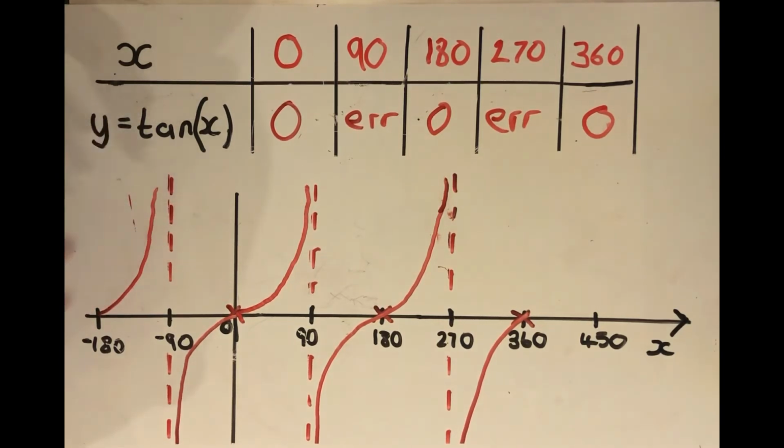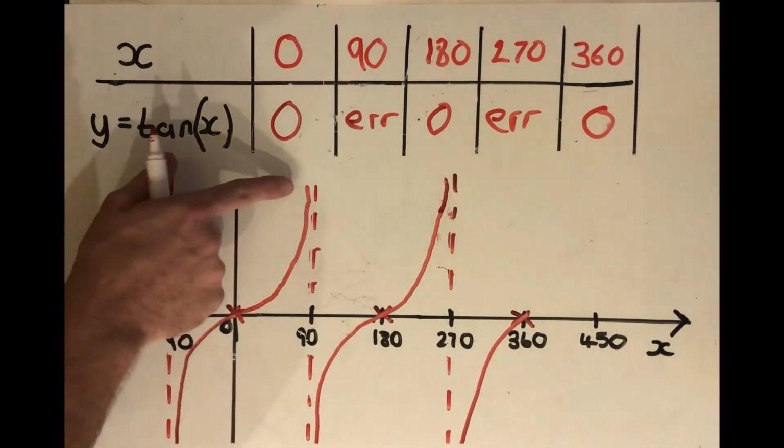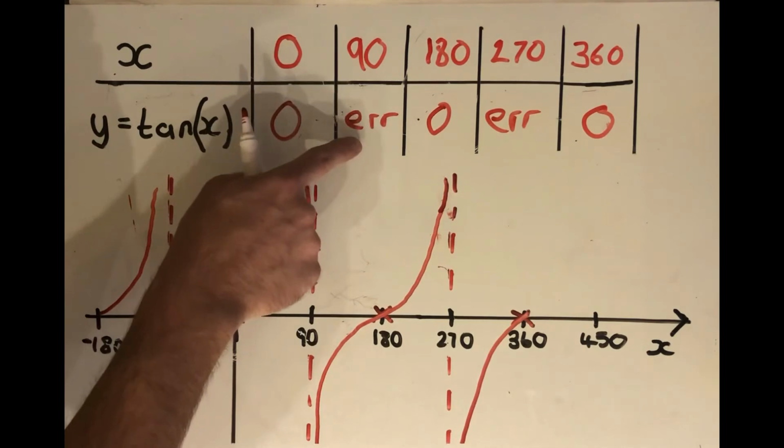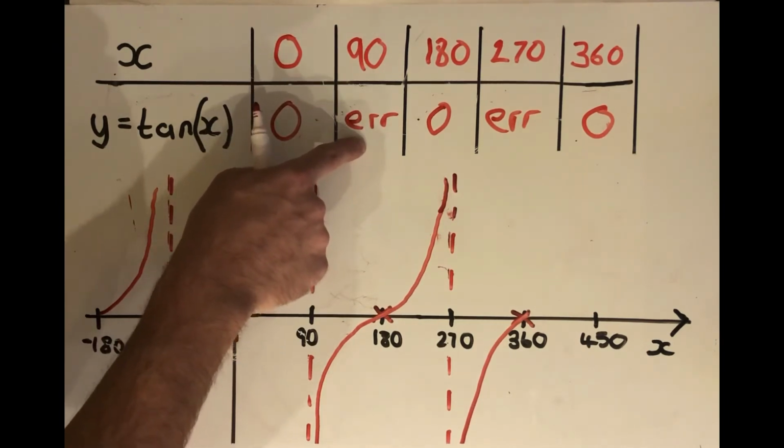Not 1 anymore. We're talking some pretty big numbers. Whereas if you jump the other side of 90 and did 90.1, 90.2, you'd get some pretty big negative numbers. So we're going from pretty big positive numbers to pretty big negative numbers, but right on that point, there actually isn't an answer.